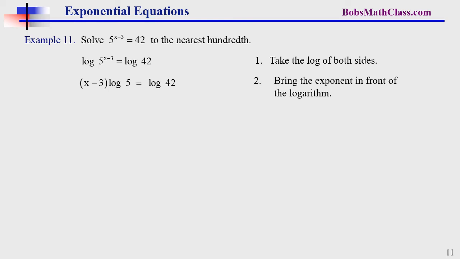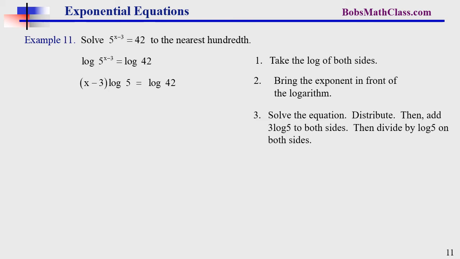Okay, now we need to solve the equation. What we're going to do is distribute on the left-hand side. A log of 5 is just a number. So if you saw a number next to parentheses and two terms in the parentheses, you would distribute that number. Well, that's what we're going to do.